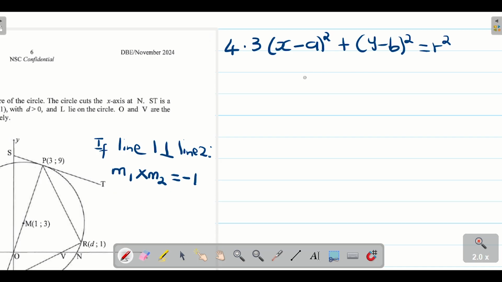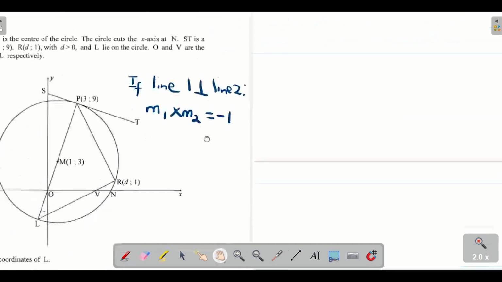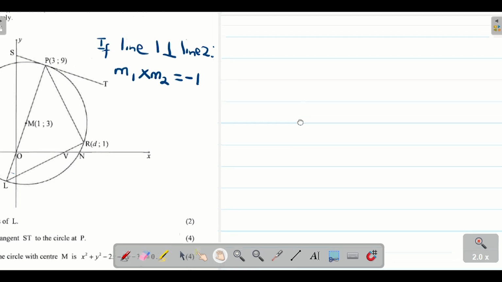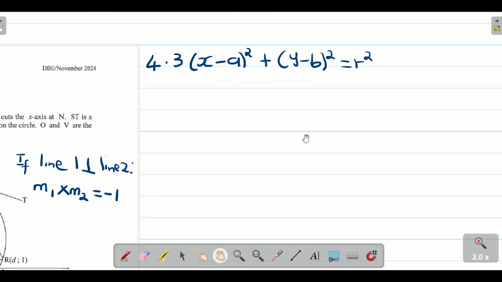All right, so what we're gonna do, if we look at the equation they want us to get to, you realize that there is no r here. So it means that they already worked out the radius. So we're going to first start off by finding the r squared.